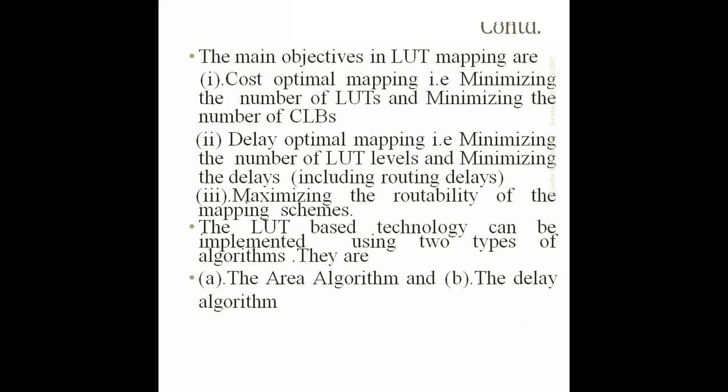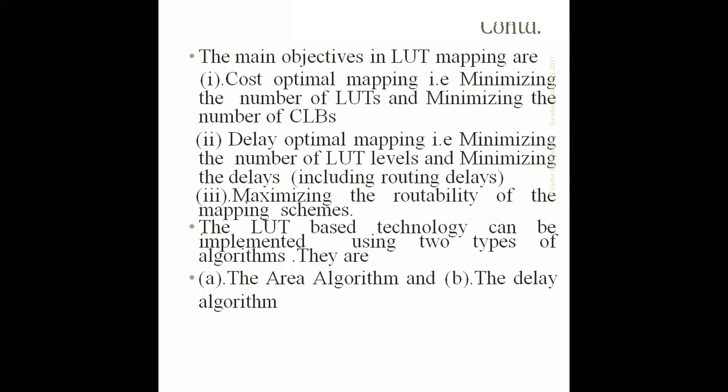The main objectives in the lookup table mapping are, okay, cost optimizing mapping, that is minimizing the number of LUTs and minimizing the number of CLBs. The basic thing is optimization with respect to the lookup table, minimizing the number of CLBs, configurable logic blocks.